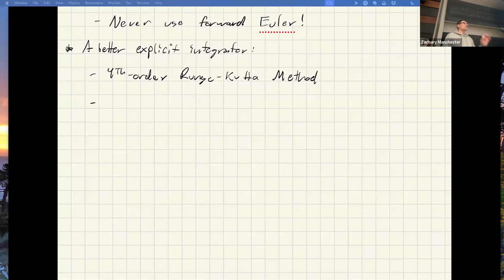And the gist is, rather than fitting a line to the solution curve like Euler, this is fitting a cubic polynomial. So it's basically fitting cubic splines over the time steps, right? Which is way more accurate than a line and gets you way better behavior.